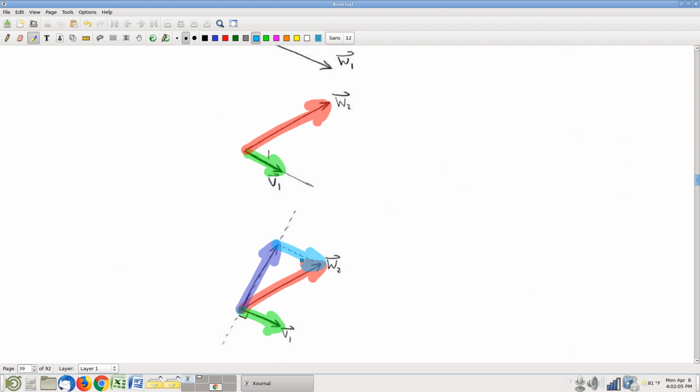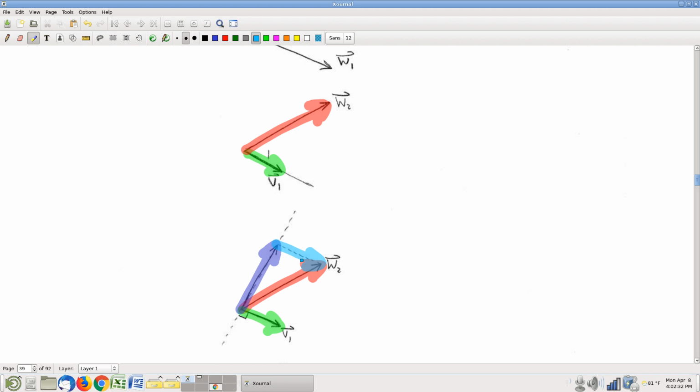Wouldn't it be nice if I could identify this light blue vector here, the part of W2 that is pointing exactly in the direction of V1? How about this? Take the red vector, subtract this light blue vector, and that would give you this purple vector that, as desired, is orthogonal to V1.